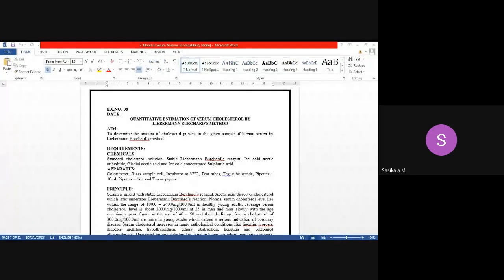Anticoagulant we need to add to the plasma sample. Whereas with serum, the supernatant liquid of clotted blood is taken, where we will not add any reagent.